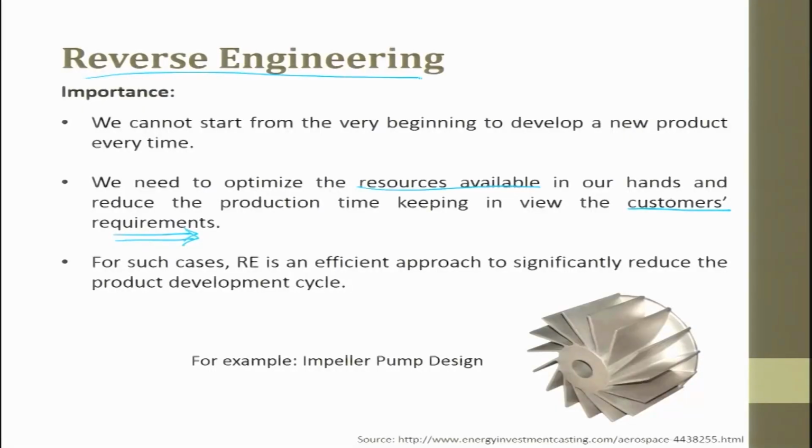For that, we use reverse engineering exhaustively. For such cases, reverse engineering is an efficient approach to significantly reduce the product life cycle. You can see this is an impeller of a pump which is scanned, relooked at, and then you start trying to understand, do analysis and find out where the failure has happened, or what some other company has made. You scan it and try to get the data.